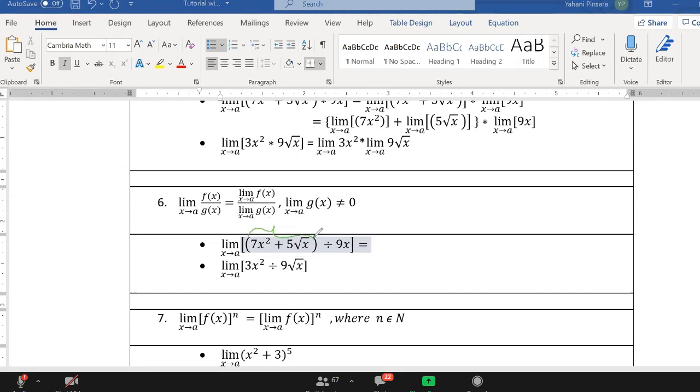So this is fx, this is gx, right? In between there is a division mark, so you can apply this rule. And x is the limit variable. So in this case we can apply this rule, right?